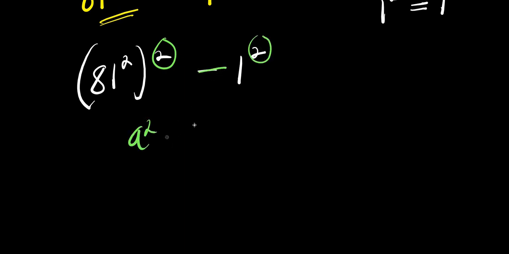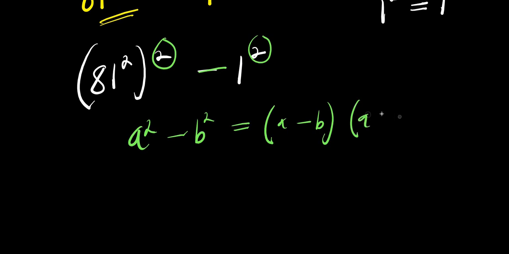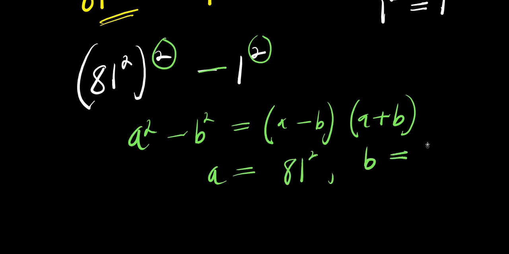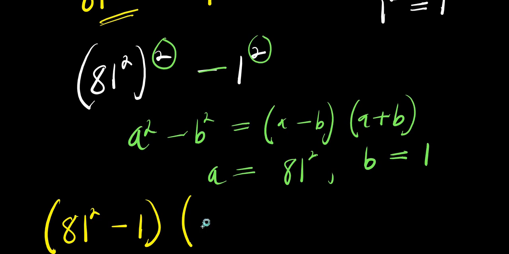If you have a squared minus b squared, this equals a minus b times a plus b, and a equals 81 power 2, b equals 1. So let's insert them right here. That means we are going to have 81 power 2 minus 1 times 81 power 2 plus 1.